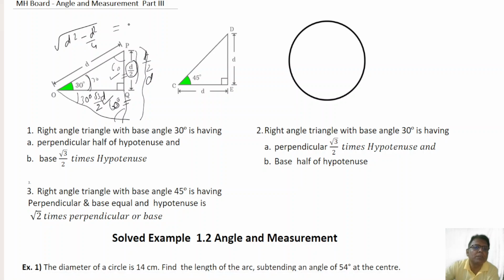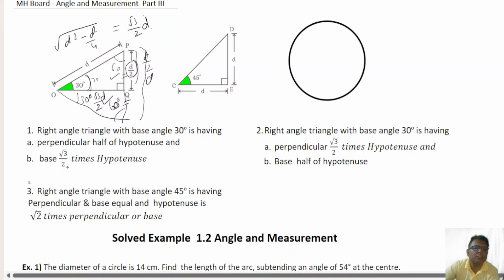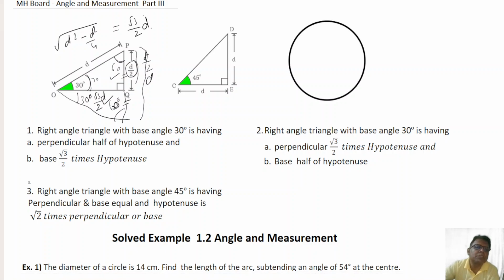So that will be root 3 by 2 D. So first is right angle triangle with base angle 30 is having perpendicular half the hypotenuse and base root 3 by 2 times hypotenuse. So suppose, if you take this angle, then this root 3 by 2 D becomes the perpendicular for this angle, and base for this angle of 60 degrees.